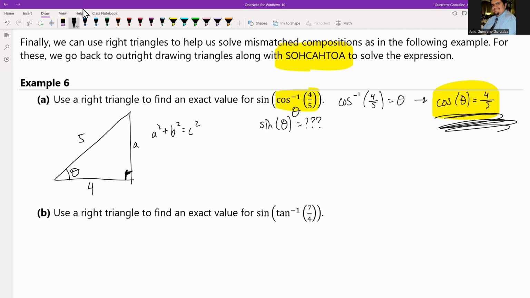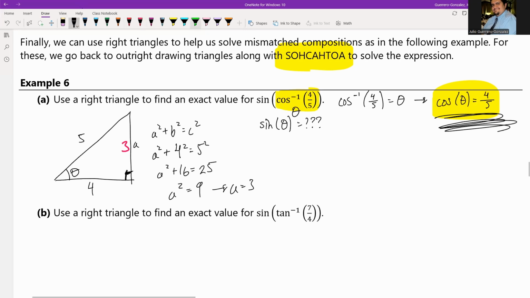I can use Pythagorean theorem. This is a right triangle. Okay. A squared plus 4 squared is equal to 5 squared. A squared plus 16 is equal to 25. A squared is equal to 9. A is equal to 3. So this makes this missing length 3. And that's it.